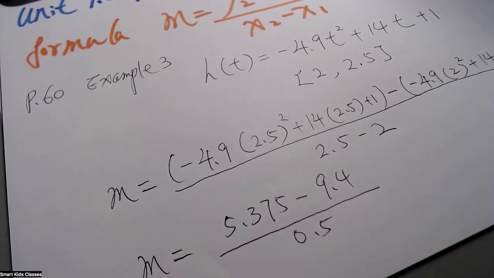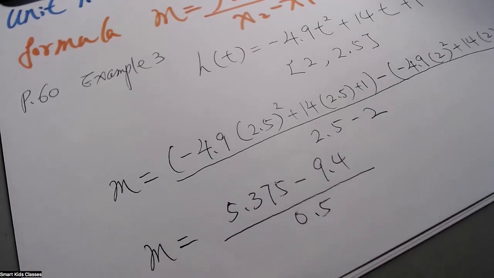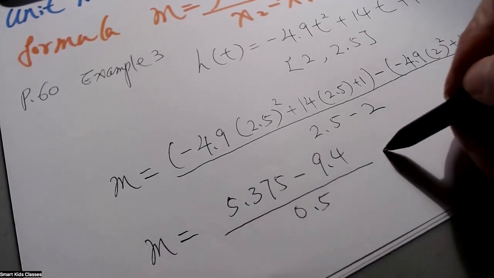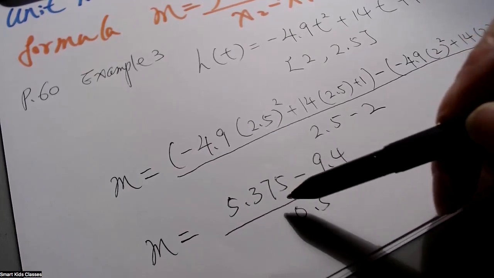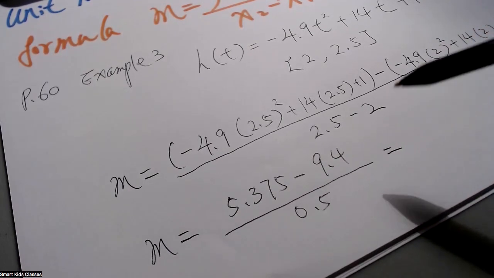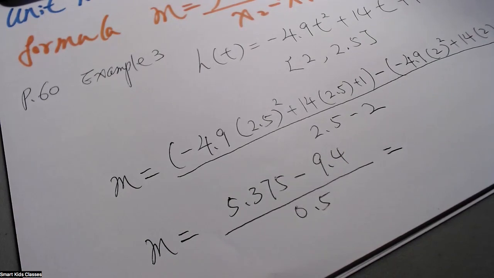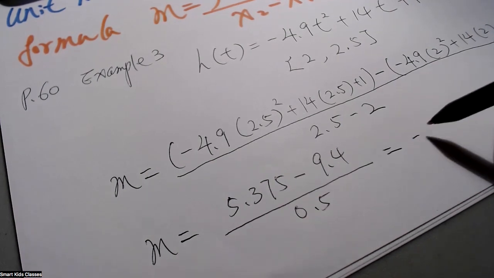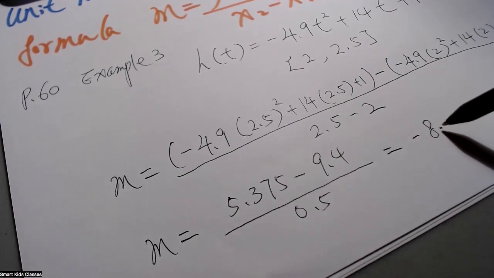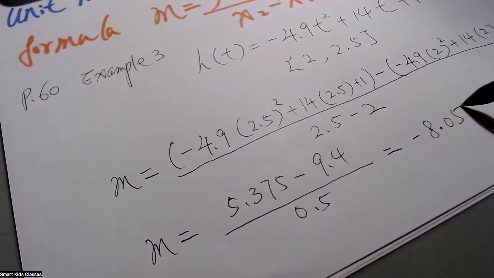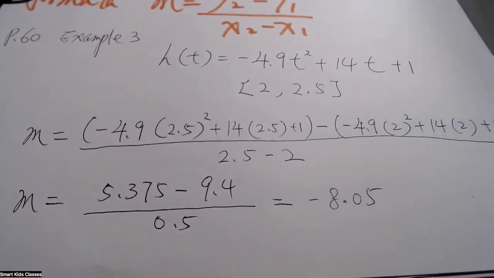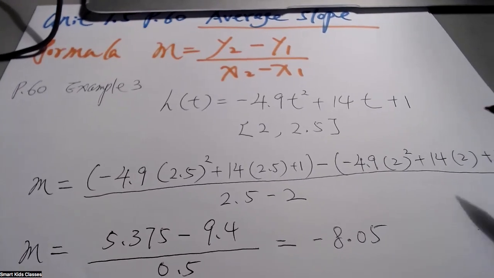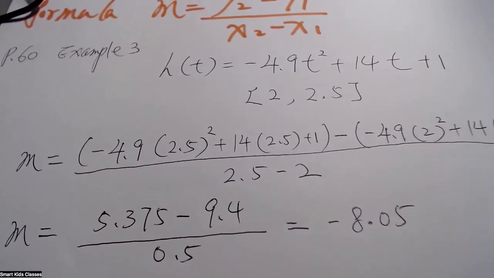Now we're going to do the second step and continue the calculation: 5.375 minus 9.4, and then divide. What are we going to get? I get negative 8.05. And this is the average slope for this equation.